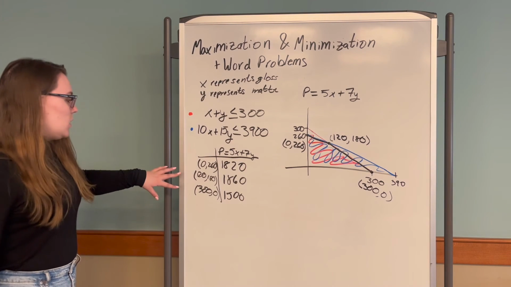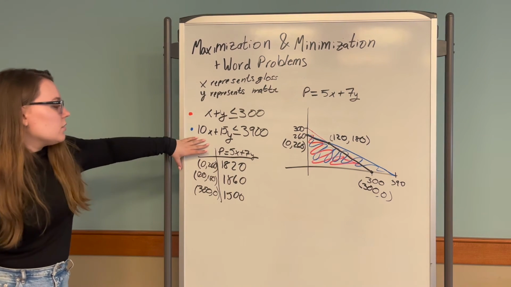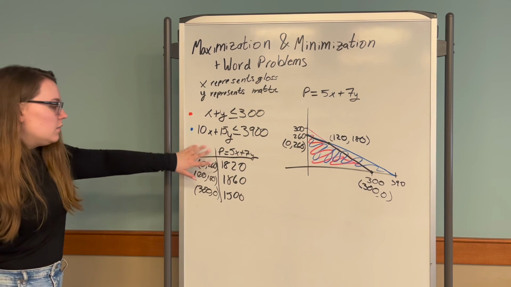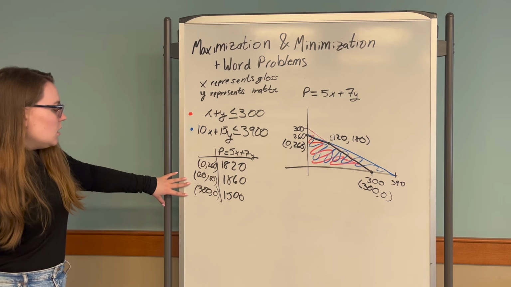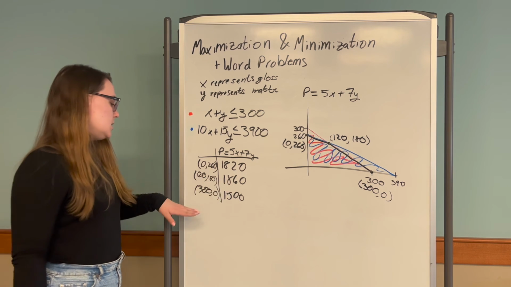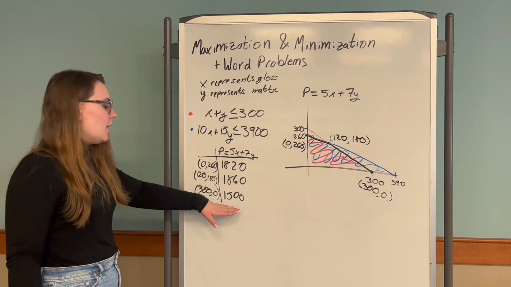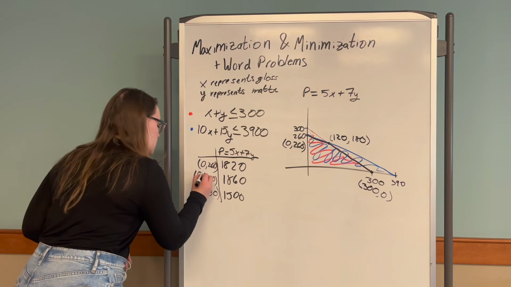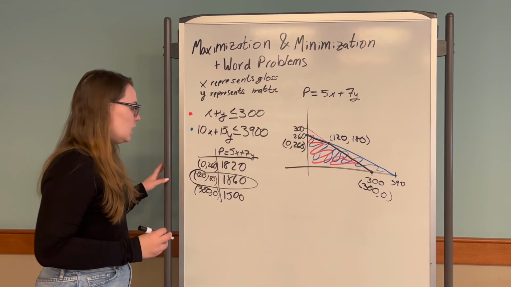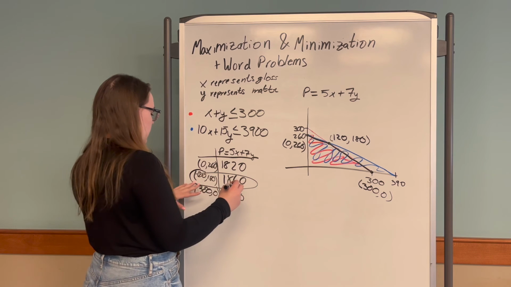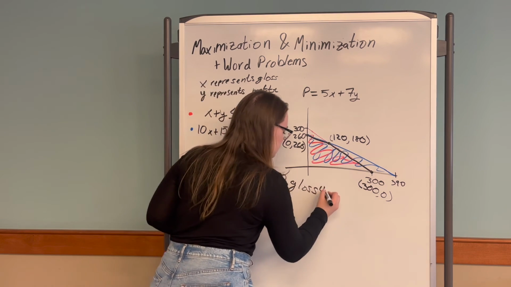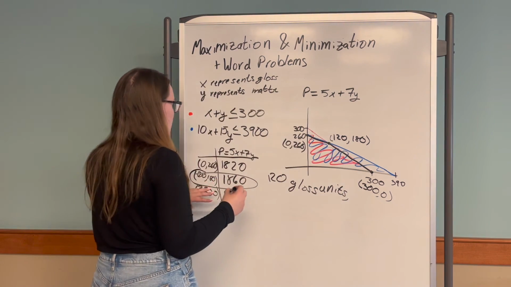When we plug our points into our equation, we get that 0, 260 yields a profit of 1820. 120, 180 produces a profit of 1860, and 300, 0 produces a profit of 1500. And so this right here is our largest profit, and therefore we want to sell 120 gloss units and 180 matte units.